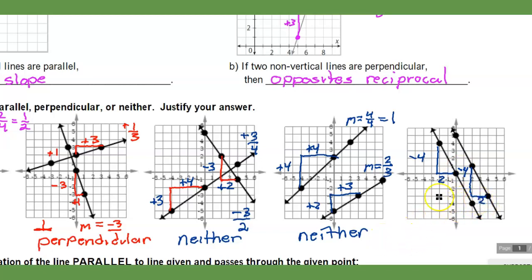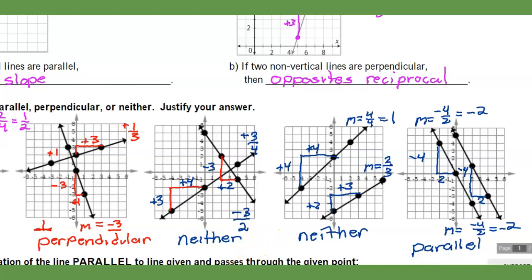So we have two slopes of negative 4 over 2, which equals negative 2. Same thing here. So we got parallel. So that's just step 1, which is really a review of parallel and perpendicular lines and their slopes. So next, let's look at their equations.